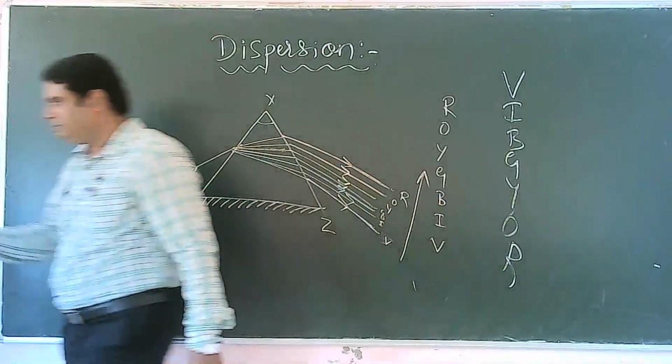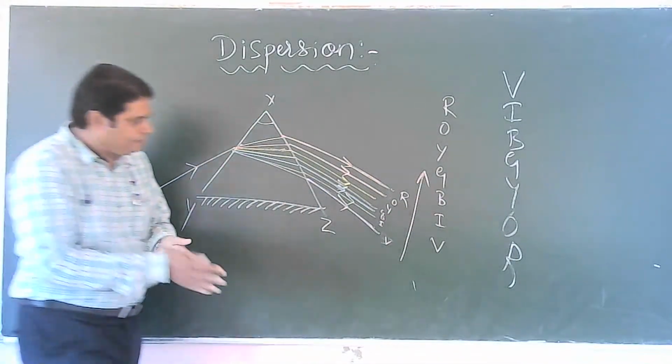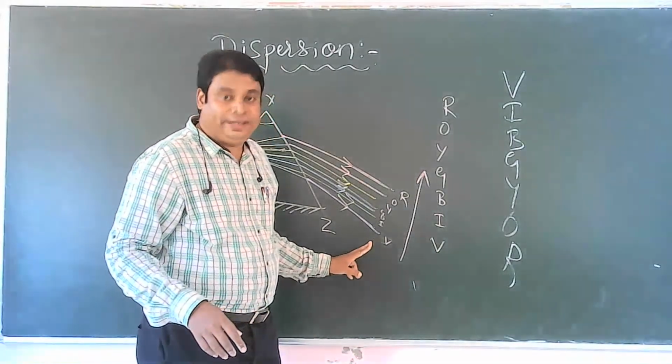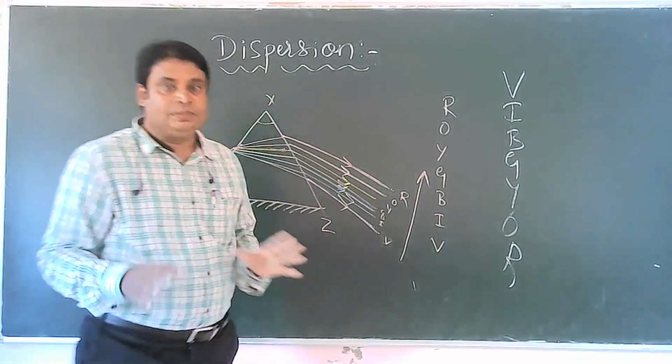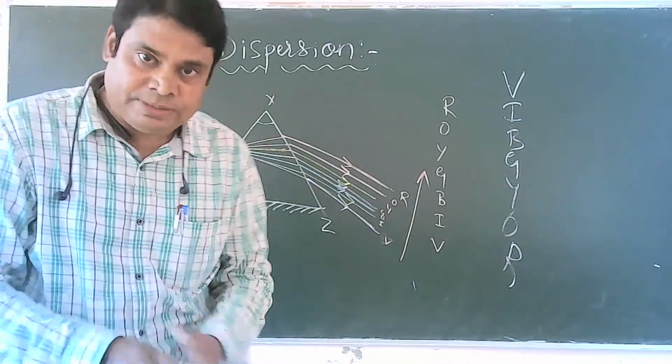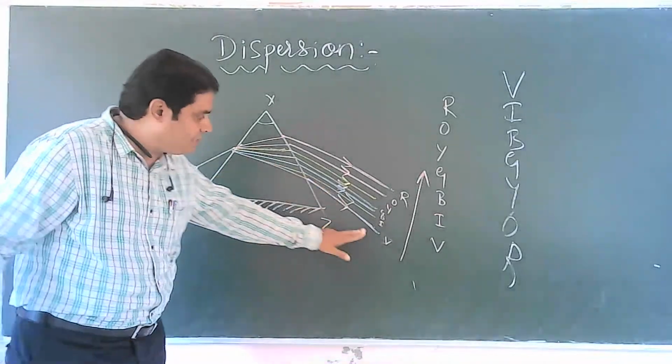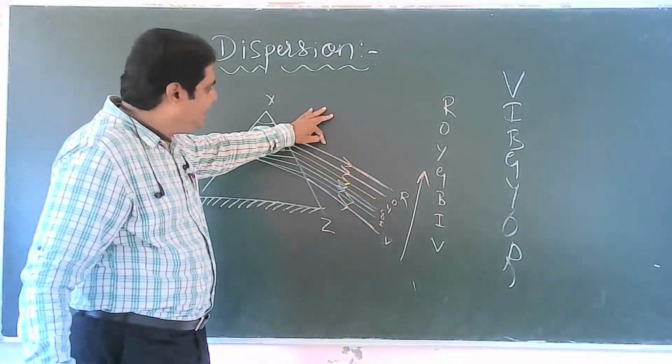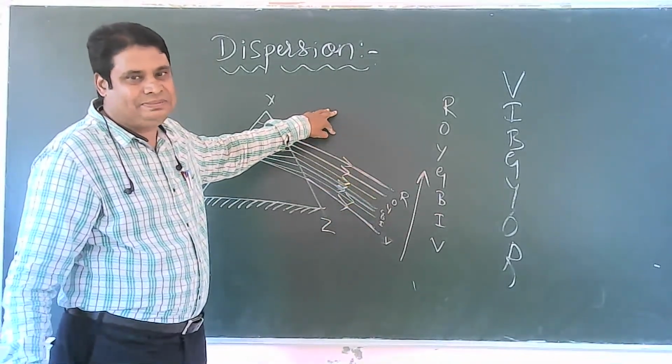Usually we write in this direction, remember? But actually, your violet color deviates most. Which color deviated most? So violet deviates most, whereas red deviates less.